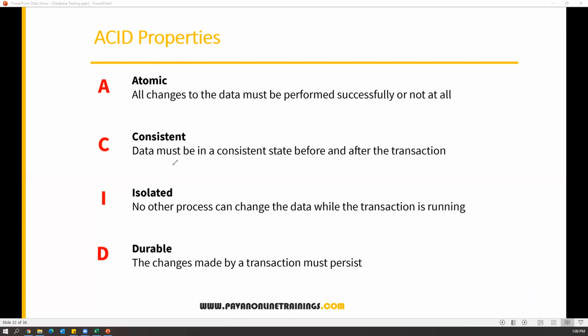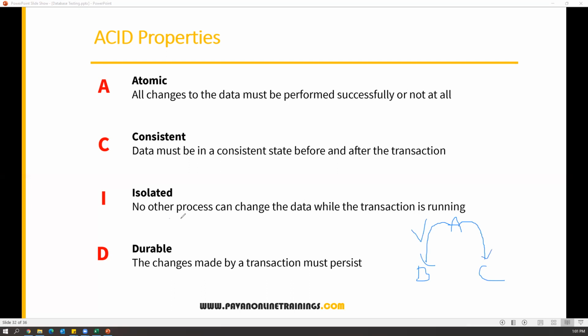And the next one is isolated. Isolated means no other process can change the data while the transaction is running. So again, let's say A is one account and there are two other people, B and C. And A initiates one transaction to B. Until this transaction is completed, the second transaction should not start. That's called isolated.